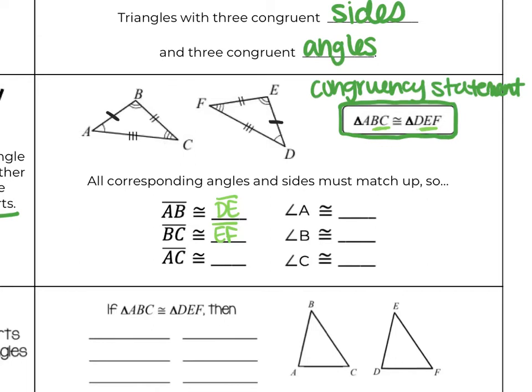And lastly, AC is the first one and the last one. So it's going to be congruent to DF. You could say these the other way and that would still be correct, like AB congruent to ED, but you really want to try to match it up. Like A is the first one, D is the first one, B was the second one, E was the second one. Okay, just to kind of keep things in line.